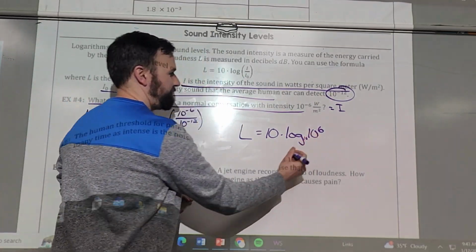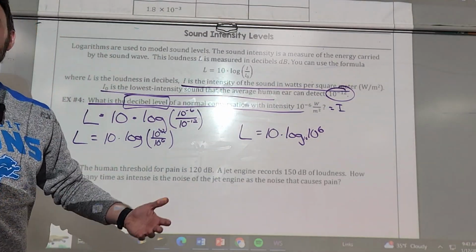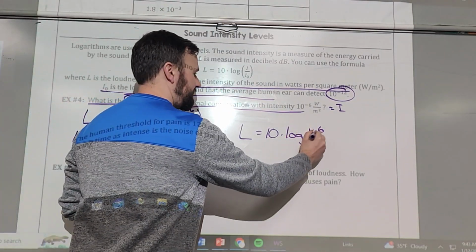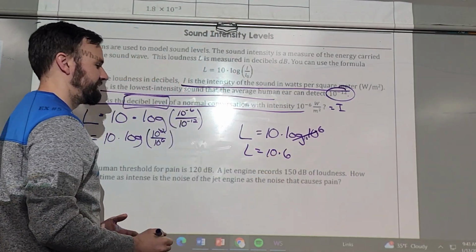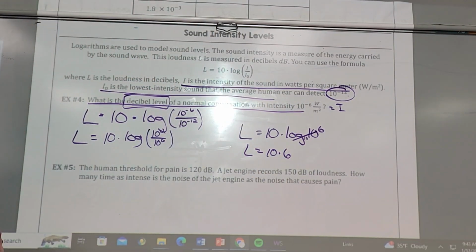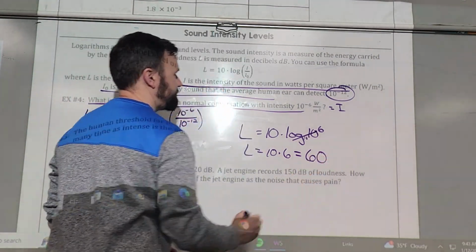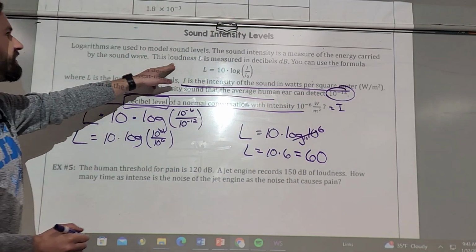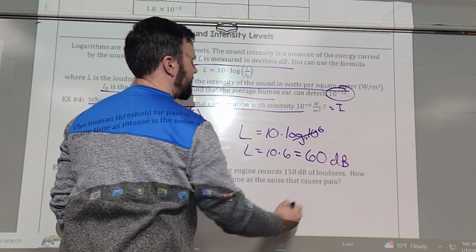Log base 10 of 10 to the 6th. If they're the same, they cancel. So L is 10 times 6, and 10 times 6 is 60. What's L measured in? Decibels.